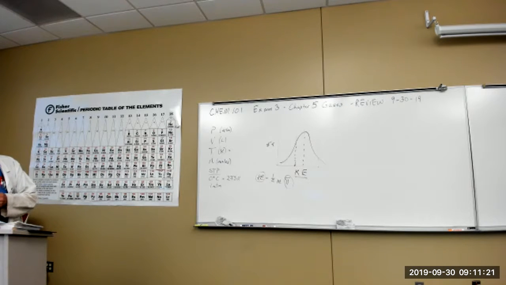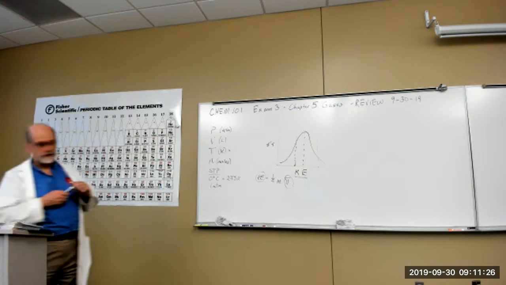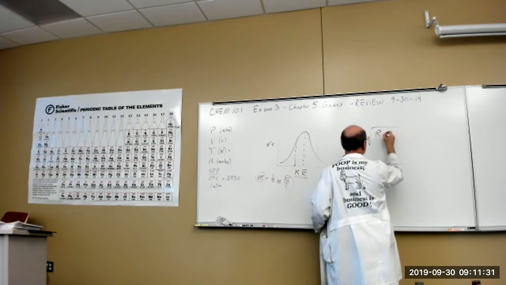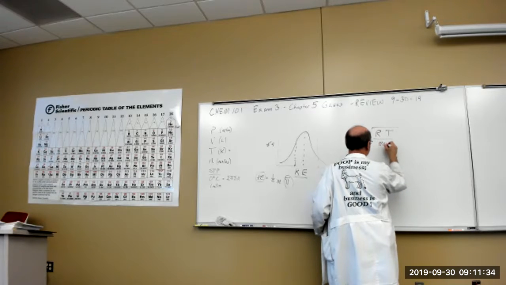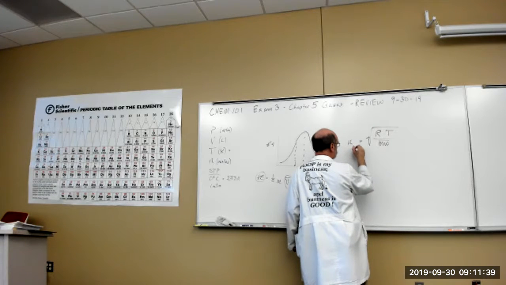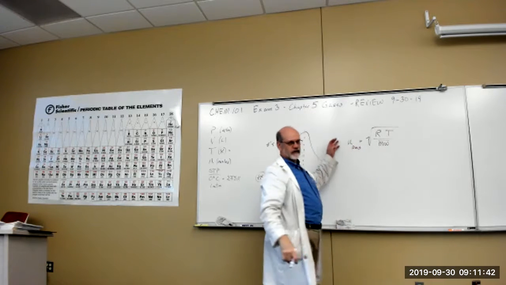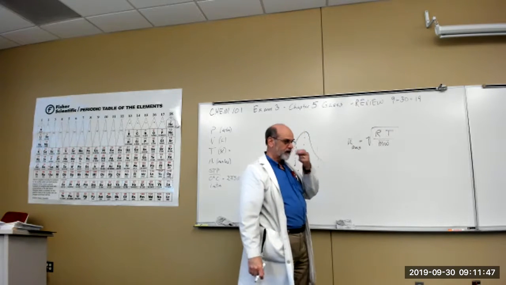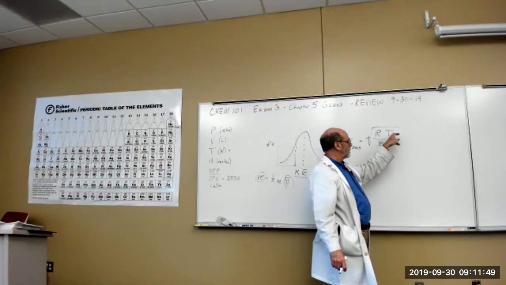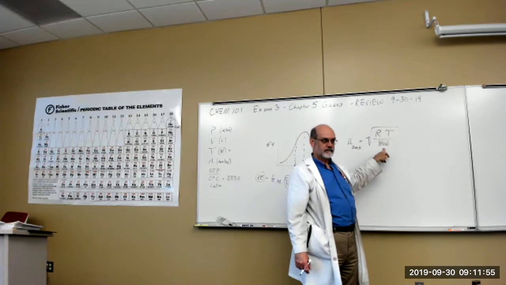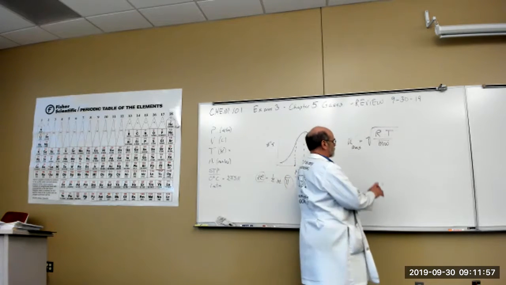Graham's law says that this root mean square, and u here means velocity. So the root mean square velocity of our particles is proportional not just to temperature, but to the molecular weight of the gas. Right? So what happens?